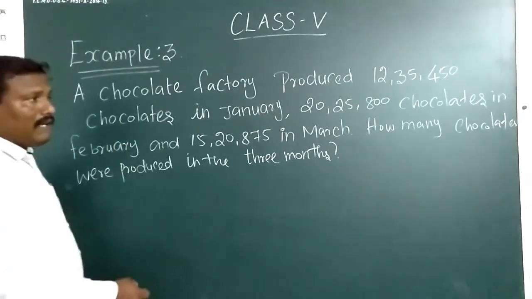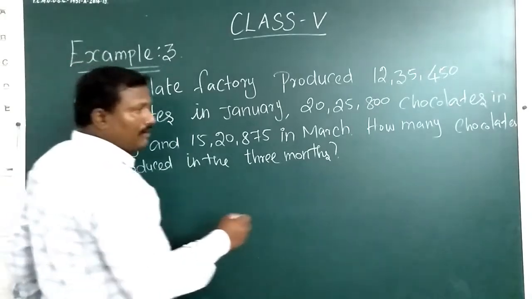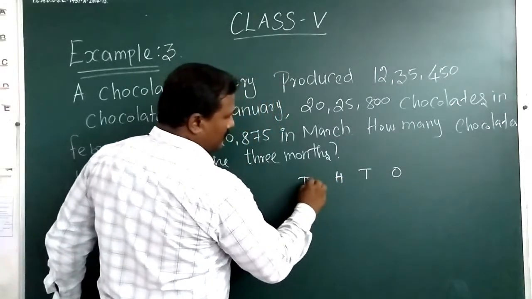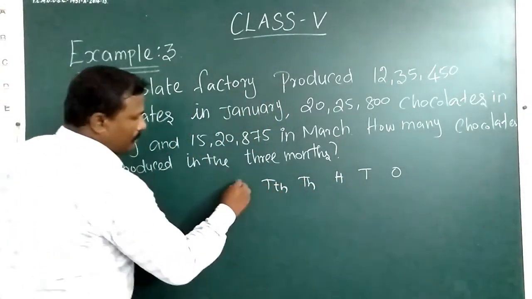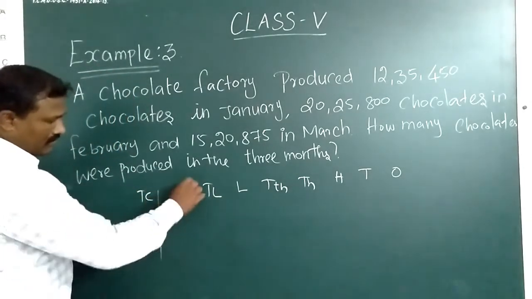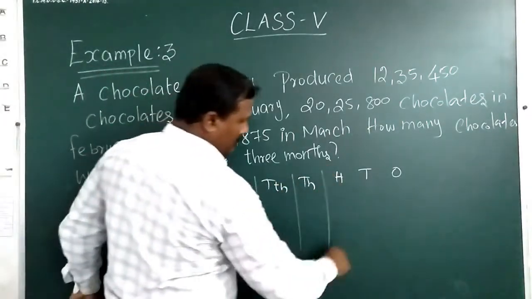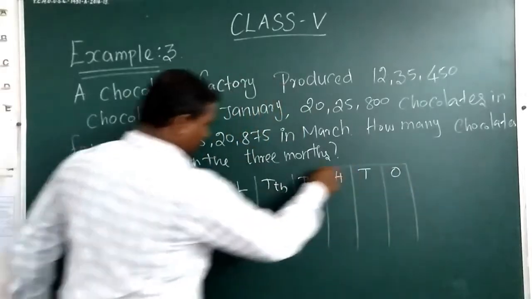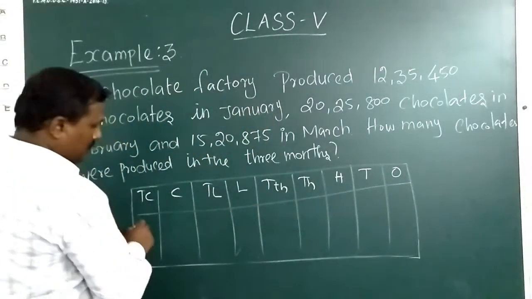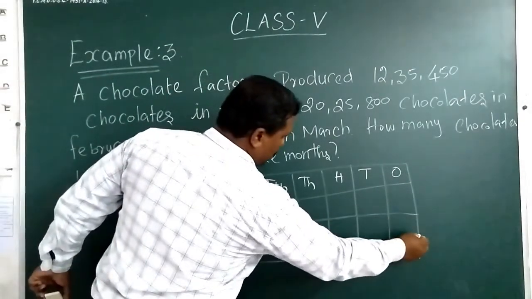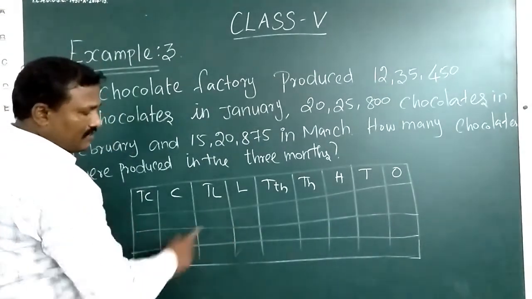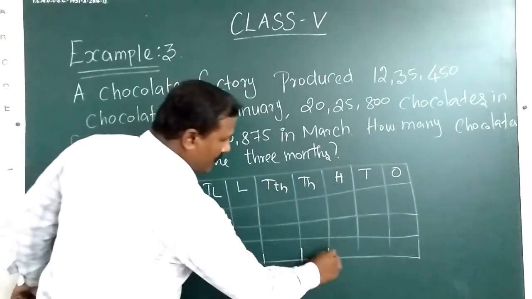For that I draw the place value table: ones, tens, 100, 1000, 10,000, lakh, 10 lakh, crore, 10 crore. I place these 3 addends, and finally we need to find the sum.